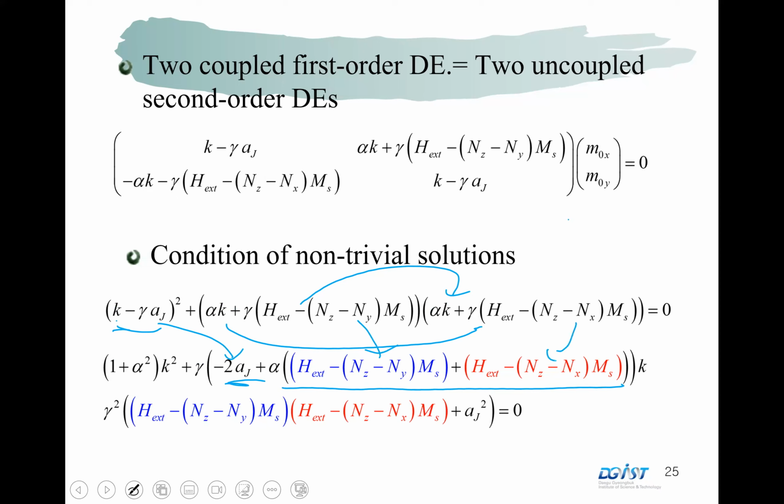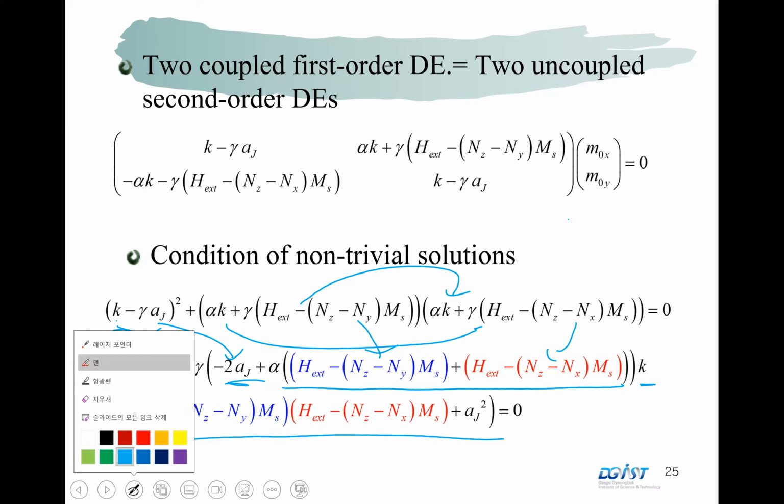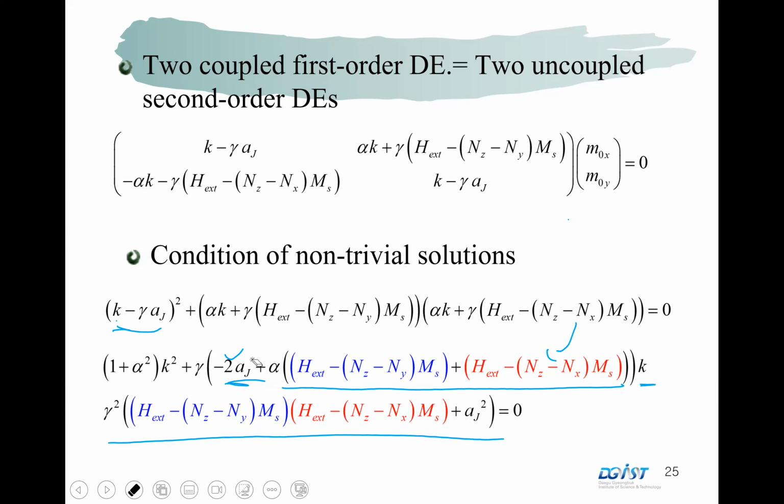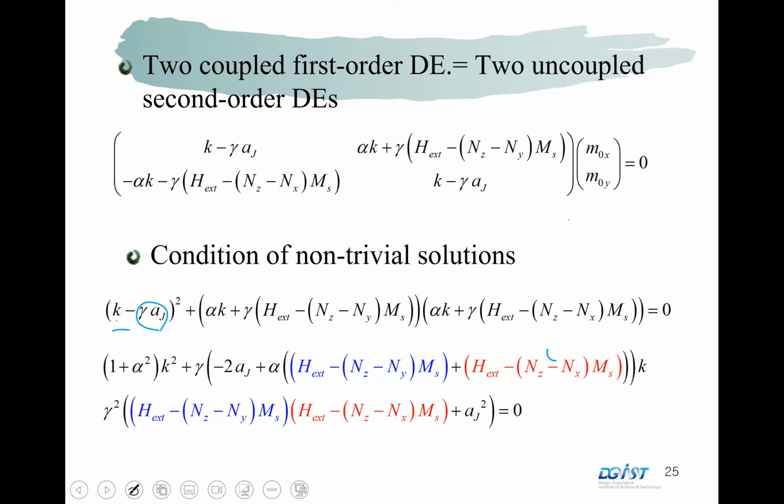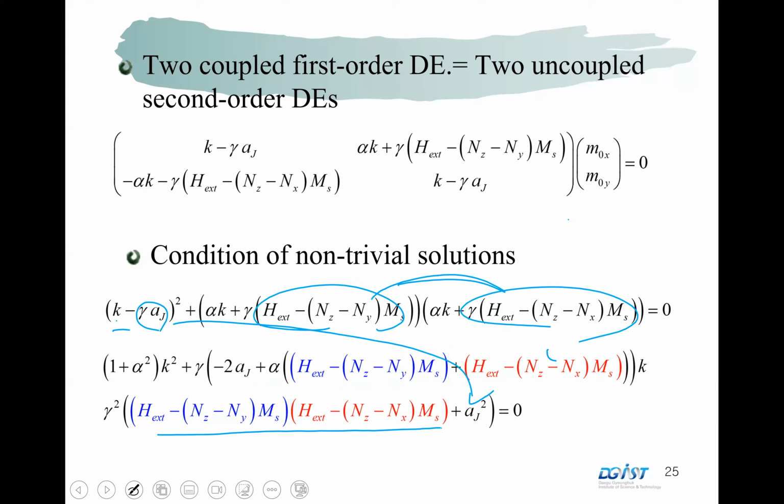Okay, this is linear in K. And finally, we need the constant term. The constant term came only from the square of this one and the multiplication of this term and this term. So this is written here, and the multiplication of these two terms you can write down here. It looks complicated, but it's just a quadratic equation for K.